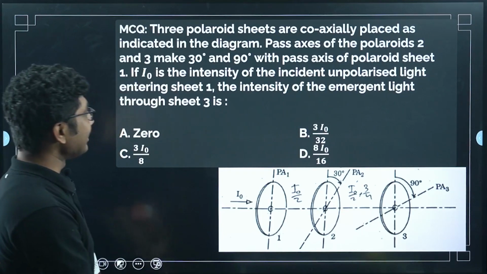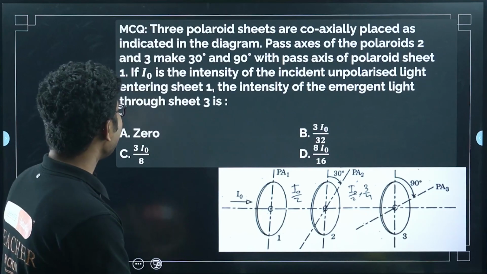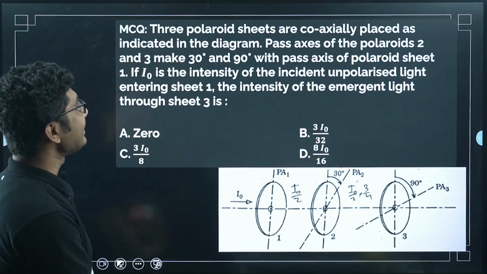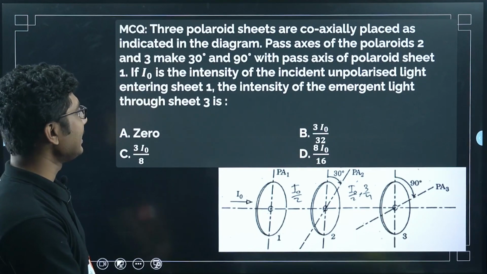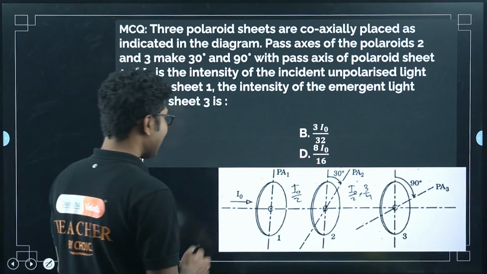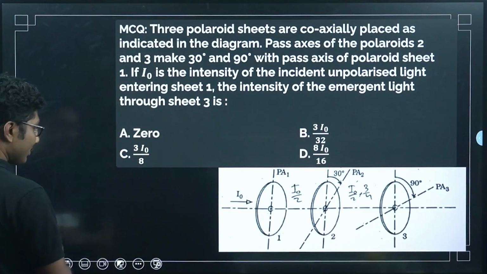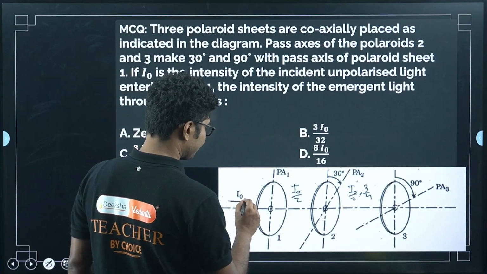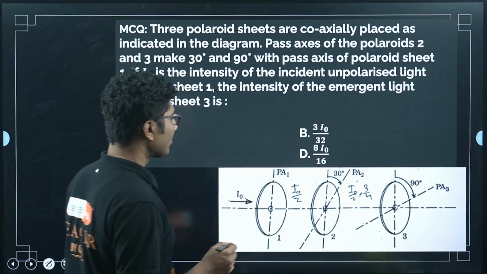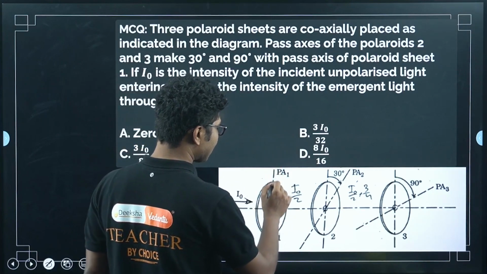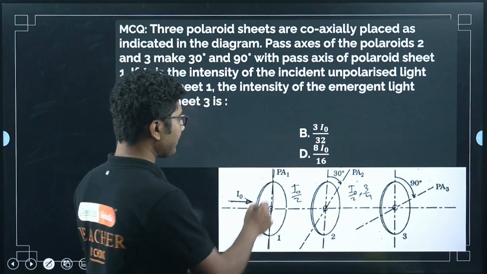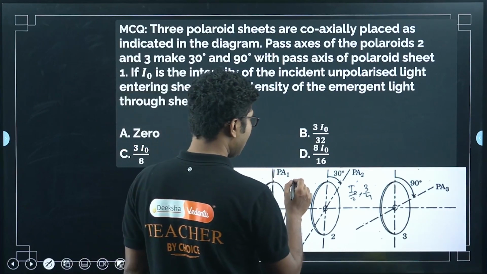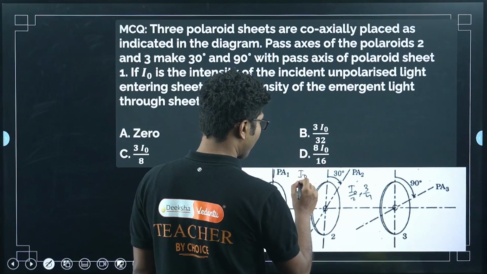I naught is the intensity of the incident unpolarized light entering sheet 1. Find the intensity of the emergent light through sheet 3. First, light enters with intensity I1. What will be the intensity after it passes through the first Polaroid? It will be I naught by 2.